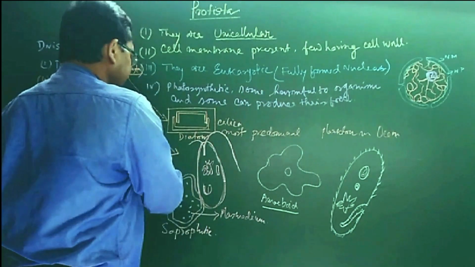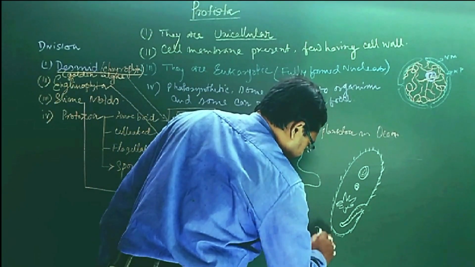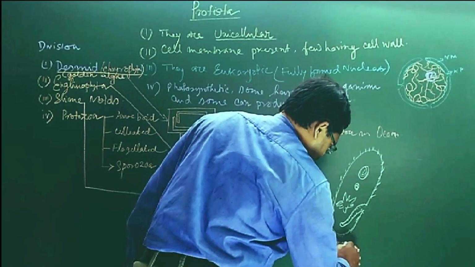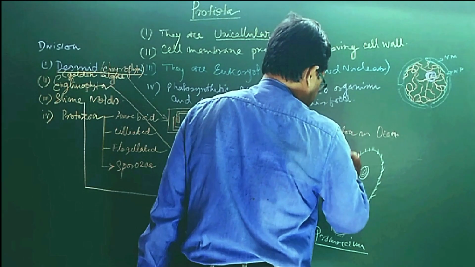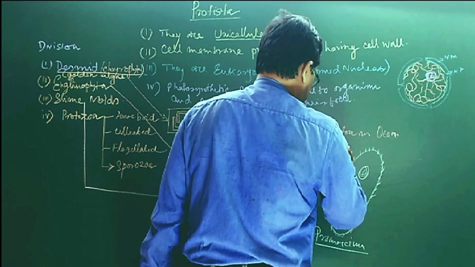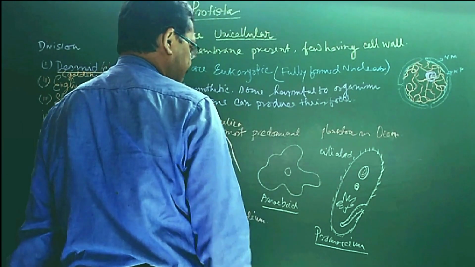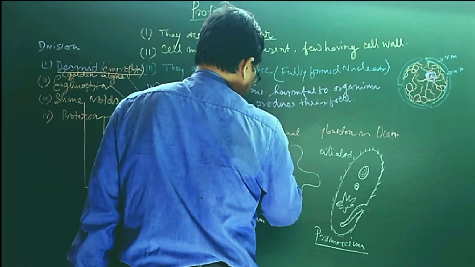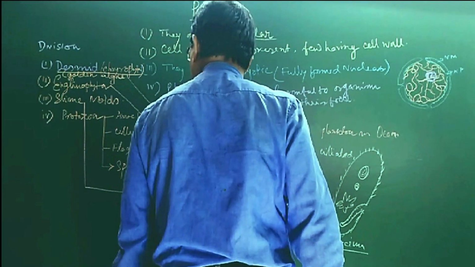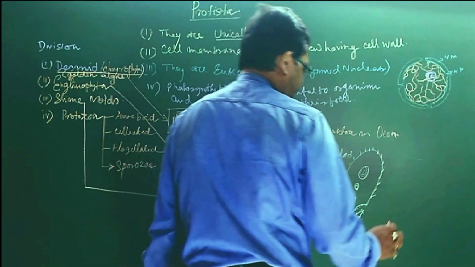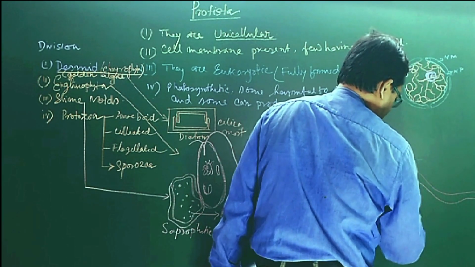Then the flagellated protozoa. Paramecium is the ciliated one, amoeba or entamoeba is the amoeboid one, and the flagellated protozoa is the trypanosoma.